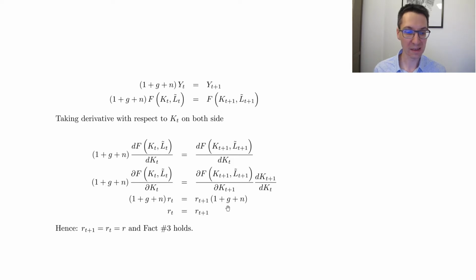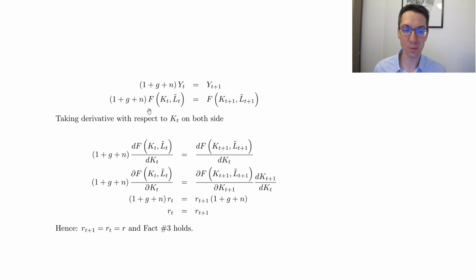And what is dF/dK_t? It's r_t, as we have computed earlier. And what is dF/dK_{t+1}? It's r_{t+1}. Let's divide by this constant on both sides, and then we really confirm that actually the real interest rate does not change. So it's really because everything grows at the same rate, and it's a reflection of the fact that F has constant returns to scale.